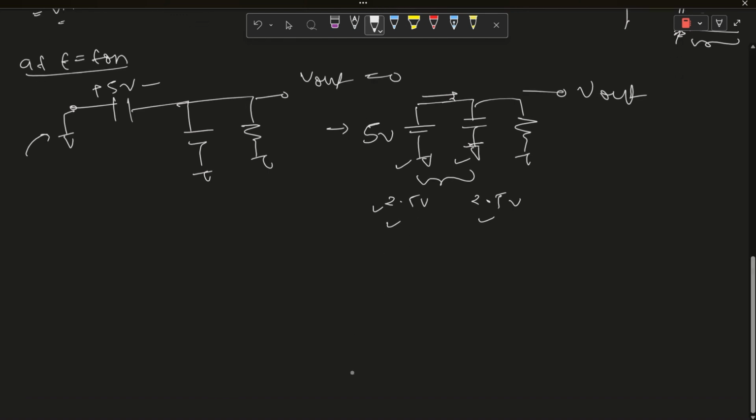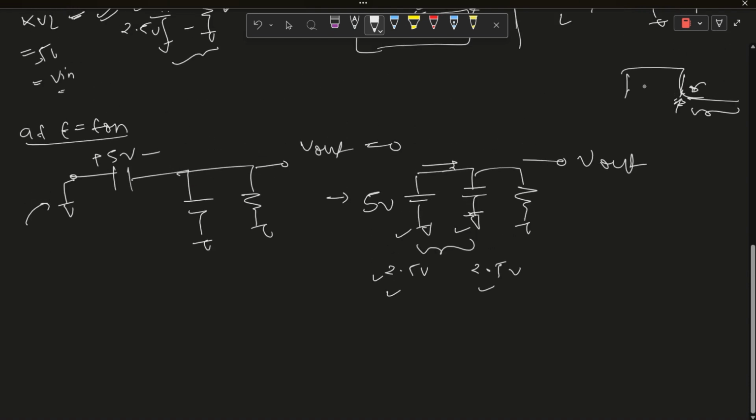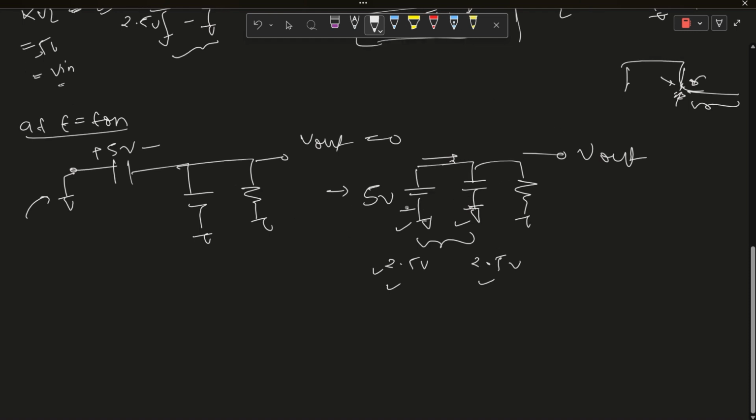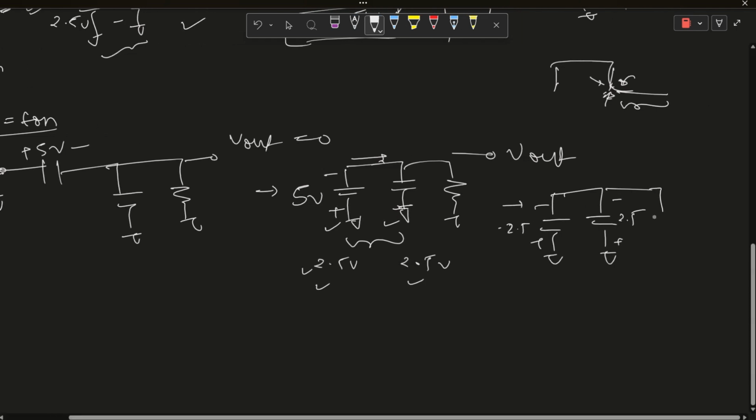This is the charge sharing property of the capacitance. At t on, instantly when V out reaches 0 volt, this is plus, this is minus, this is 5 volt. It will convert into plus minus 2.5 volt, plus minus 2.5 volt.